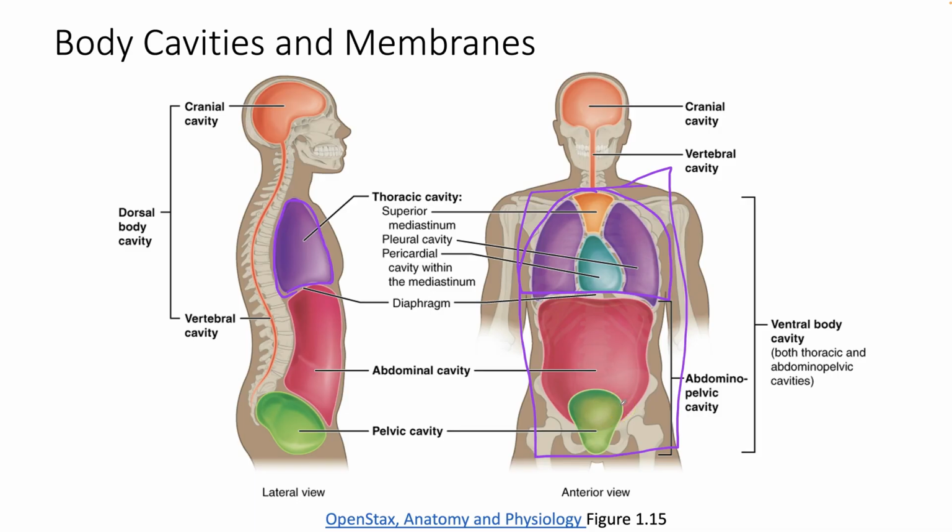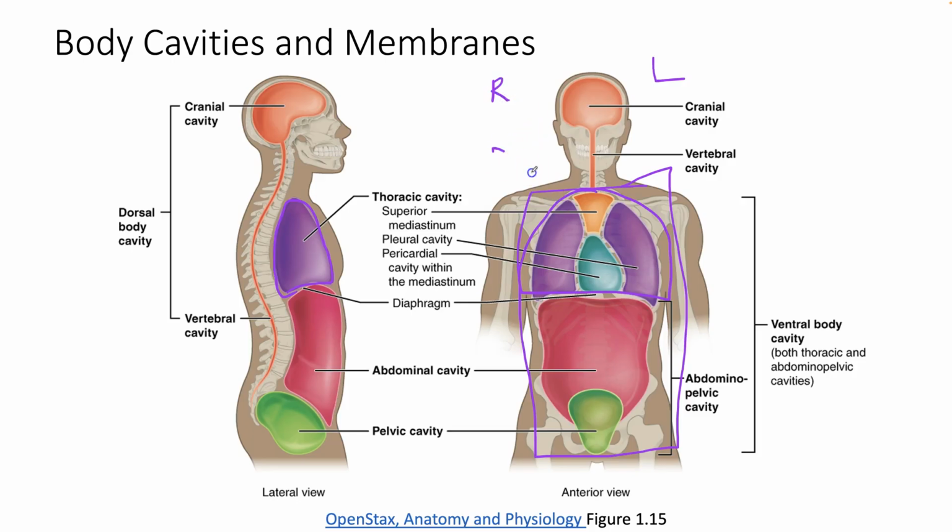Now let's think for just a second about the thoracic cavity. Within the thoracic cavity, we have two pleural cavities. The pleural cavities are those that contain the lungs. If we think about left and right in this image, as we're looking at the person, this would be the left side and this would be the right side.